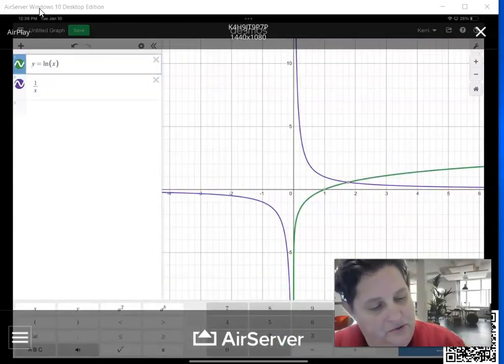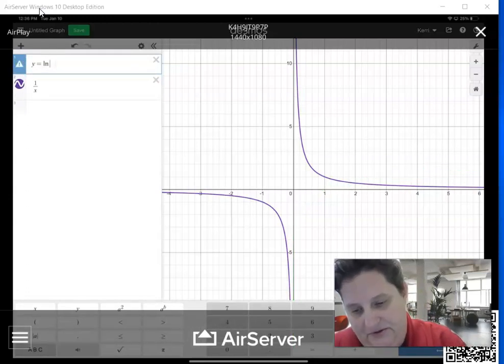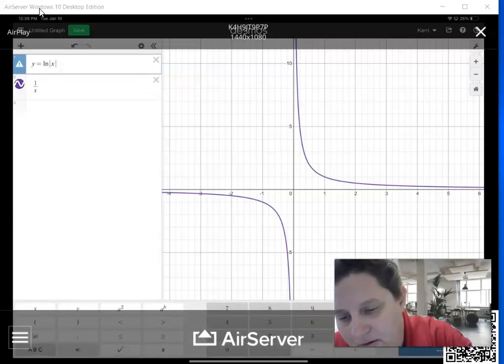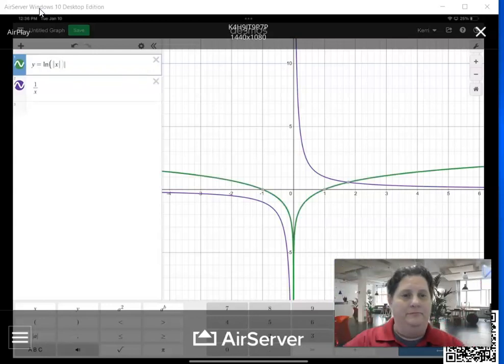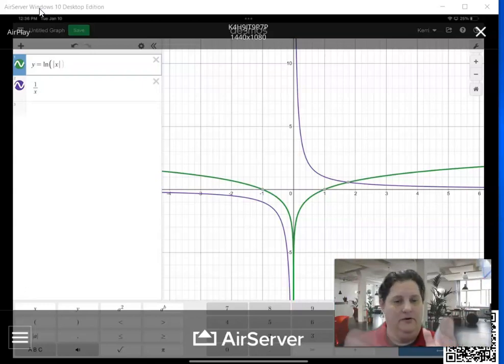So look at what happens when I put, instead of just ln of x, ln of absolute value of x. I think it wants me to put parentheses. ln of absolute value of x. Now, my domain is good because I have values on both sides and derivatives on both sides. So that's why. It has to do with the domain of ln of x not going on that side.